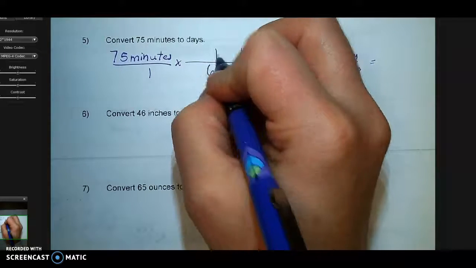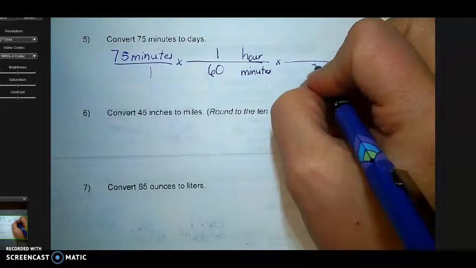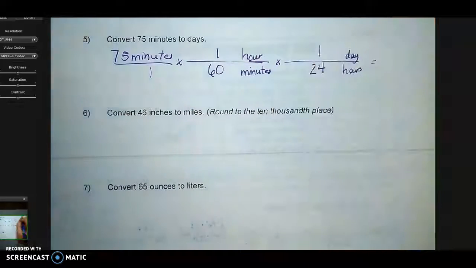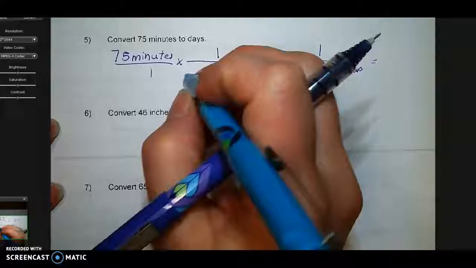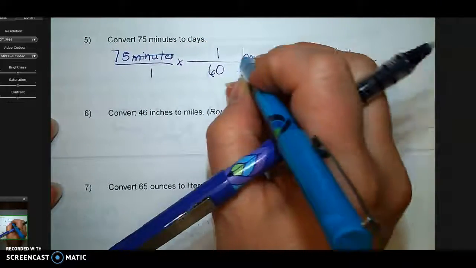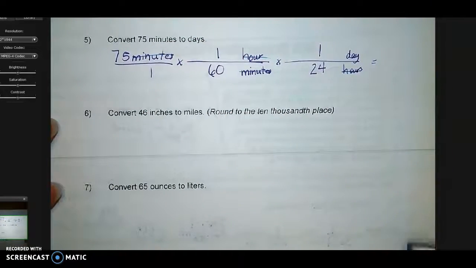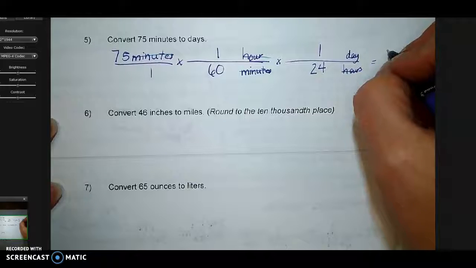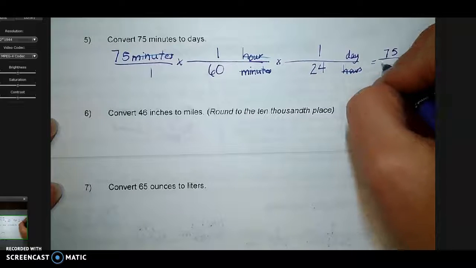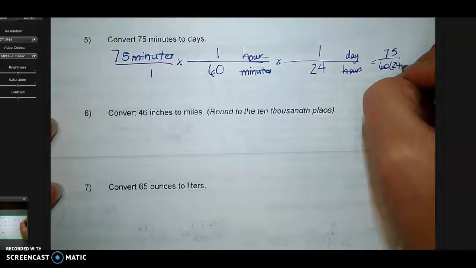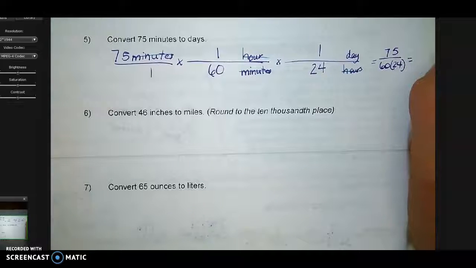So if there's 60 minutes in 1 hour, and there's 24 hours in 1 day, so I'm going to end up with 75 divided by whatever 60 times 24 is.